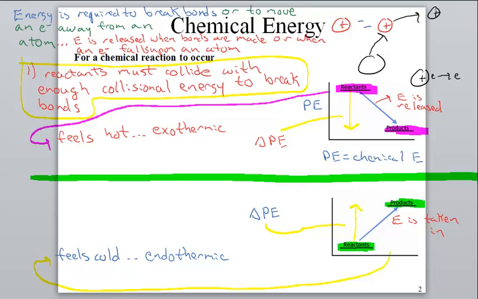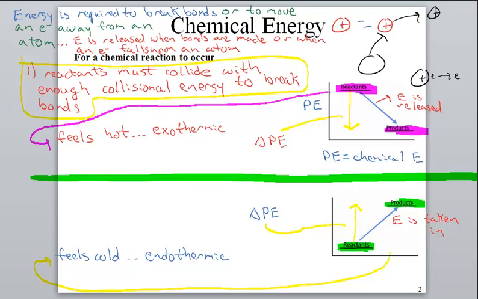Also, in one of them it's losing, the other one's gaining. One of them, the change would be given a negative number, and the other one a positive number. That doesn't mean that energy is negative, it has nothing to do with that. The negative or positive has to do with the process. In the exothermic one, the reactants are losing energy relative to the products. If you lose something, you get a negative.